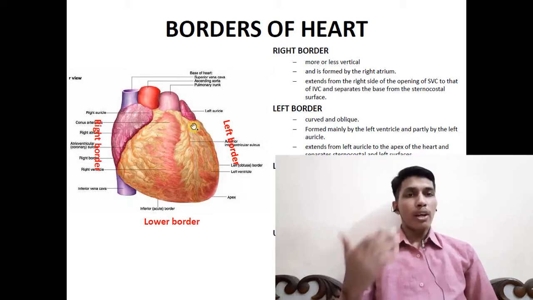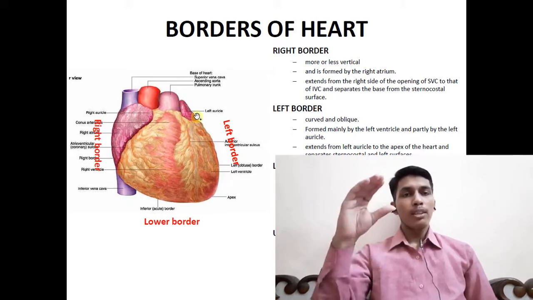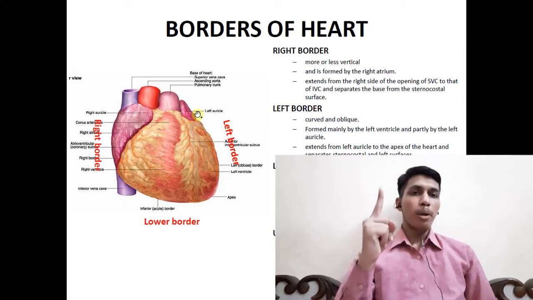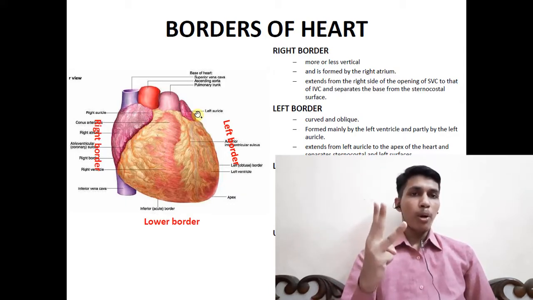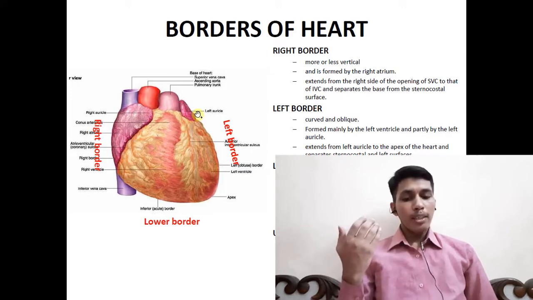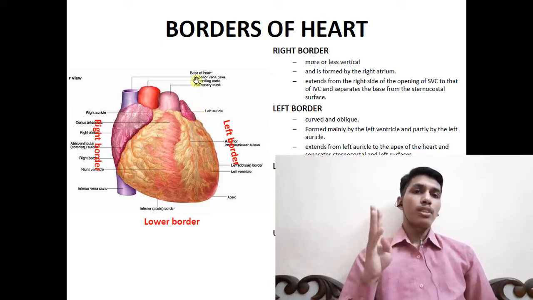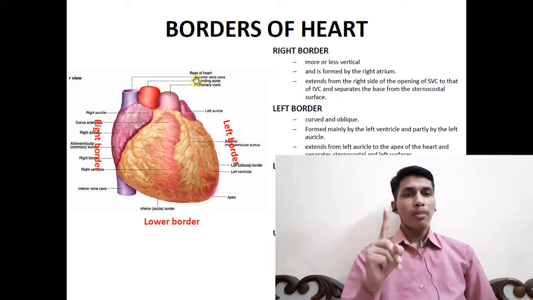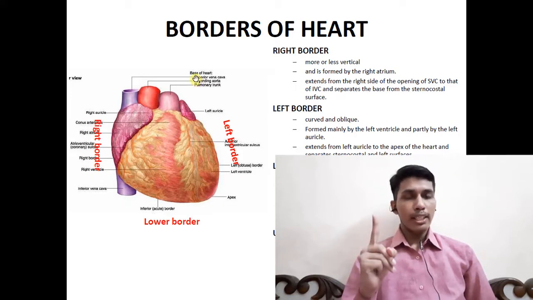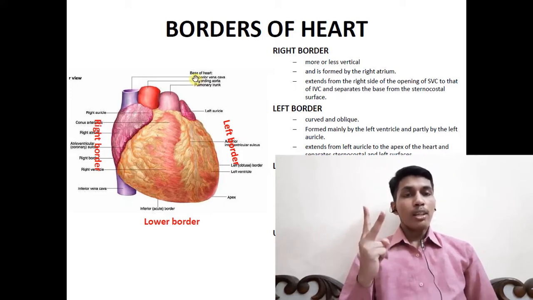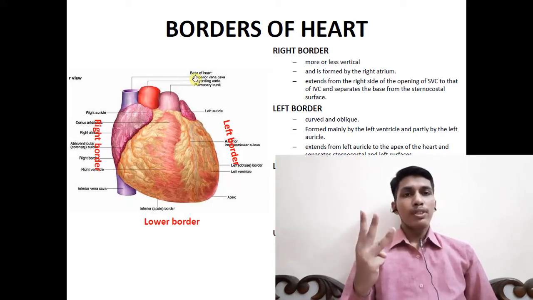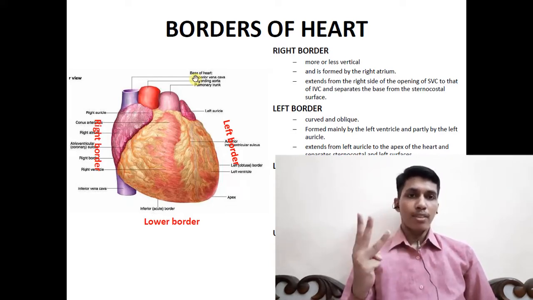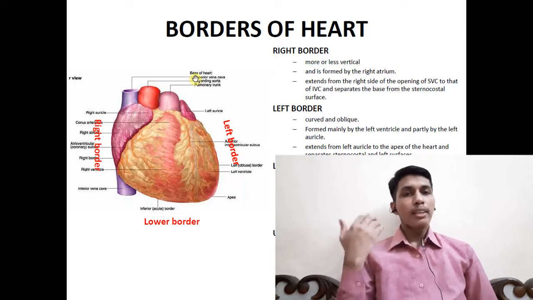Number 5 is the border of the heart. Borders are 4 in number: upper or superior border, lower or inferior border, right border and left border. Then the surfaces of the heart. Surfaces of the heart are 3 in number. Number 1, sternocostal surface or the anterior surface. Number 2, diaphragmatic surface or the inferior surface. Number 3 is the left surface or the left lateral surface. Then types of circulation.